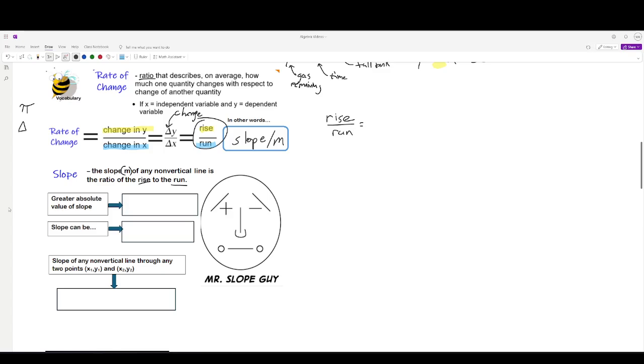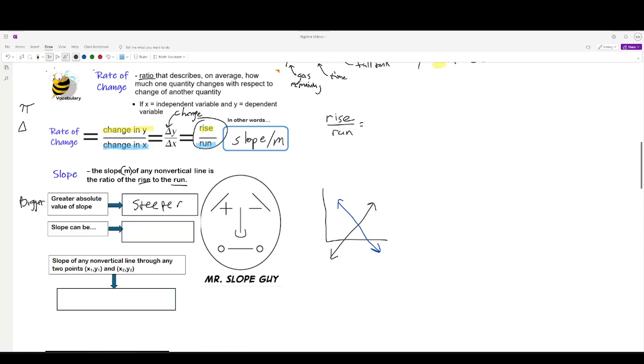This says the greater the absolute value of the slope, the steeper the line. The reason it says absolute value is that if I have a line that's going uphill at that slope, and I have another line that's going downhill, I don't care which way it's going.